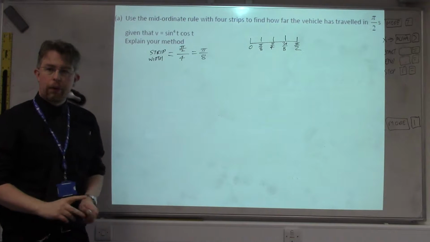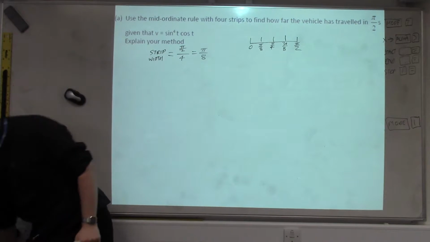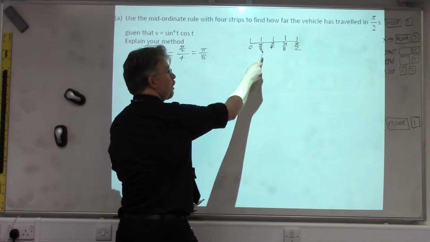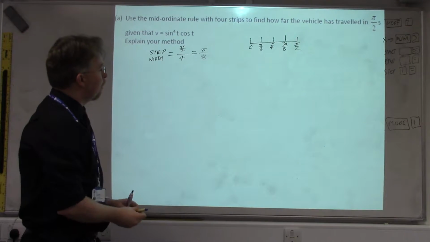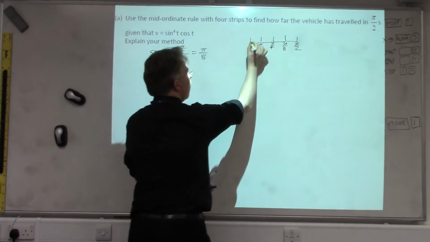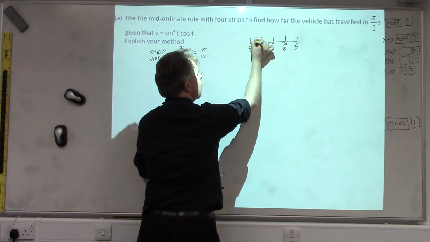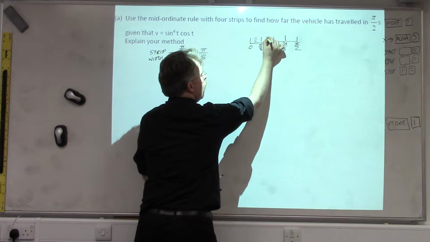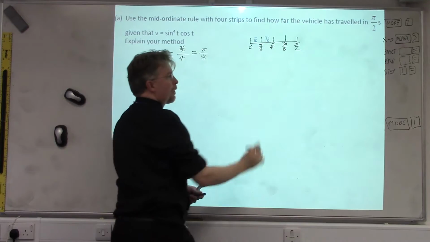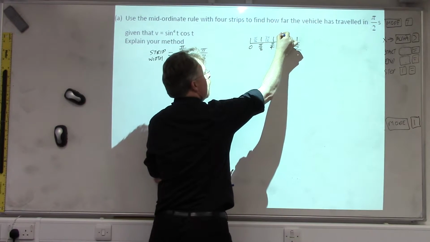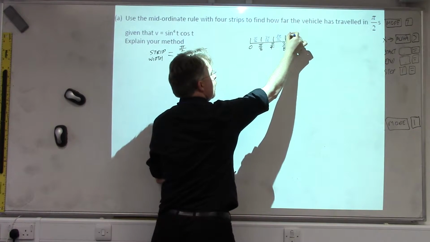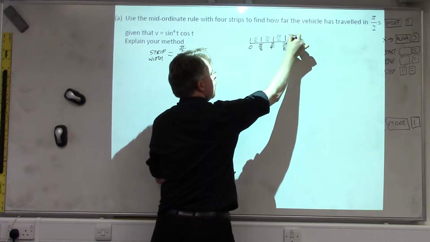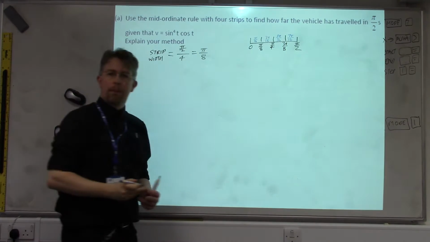Now for the mid-ordinate rule we need the midpoints. To get the midpoints we add each pair and divide by 2. So 0 plus pi over 8 divided by 2 gives us pi over 16. The next one is 3 pi over 16, 5 pi over 16, 7 pi over 16.